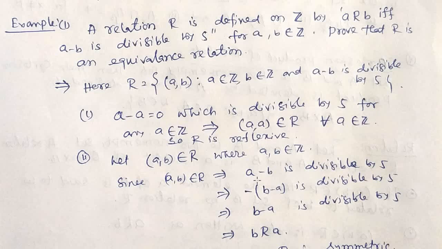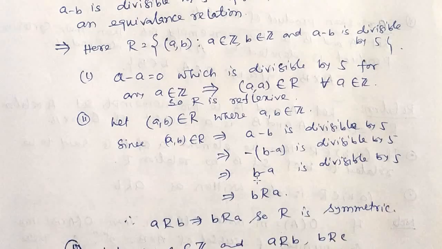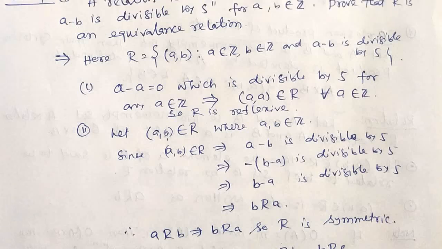Now we will prove R is symmetric. To prove symmetry, first we assume that (A, B) belongs to R. Since (A, B) belongs to R, by the definition A minus B is divisible by 5. A minus B is nothing but minus of (B minus A), which is divisible by 5. If a number is divisible by 5, then its negative is also divisible by 5.